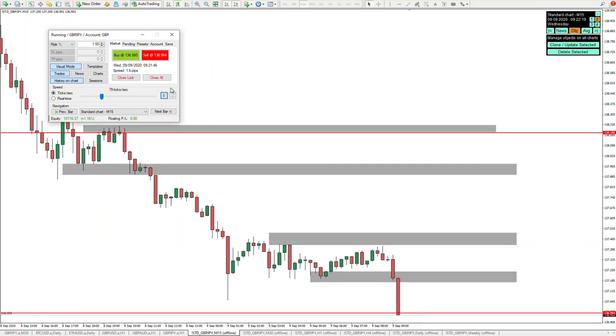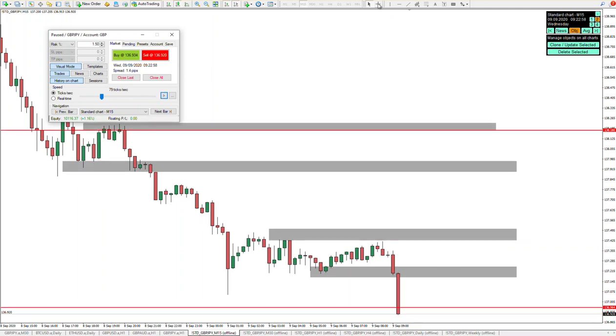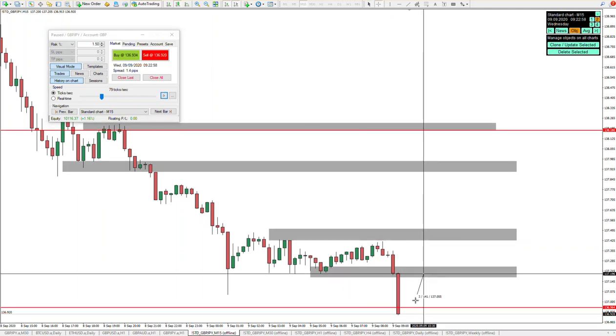Look, it really looks beautiful. 23 pips, a beautiful trade. It's after Frankfurt Open, before London Open.